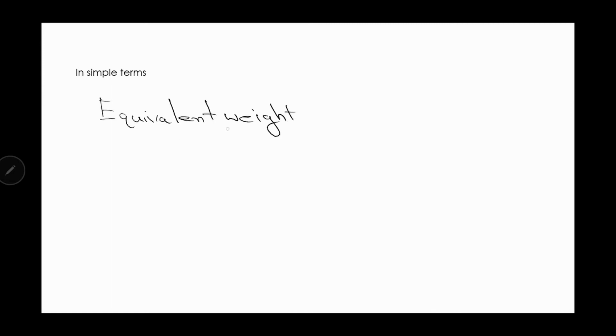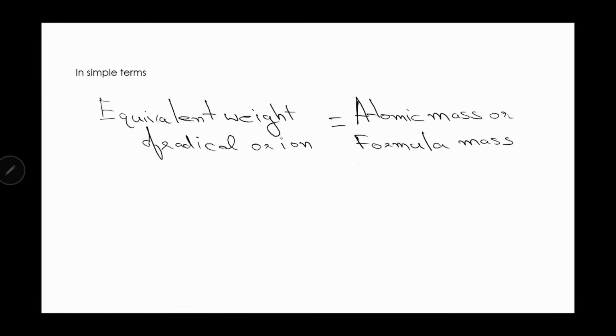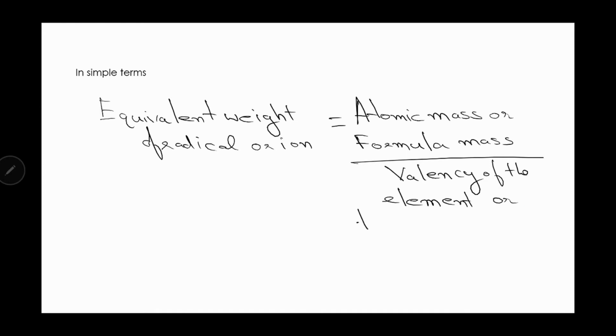The easiest way for finding the equivalent weight of a radical or ion. So equivalent weight of radical or ion equals atomic mass or formula mass, as the case may be, divided by the valency of the element, or the charge of the radical.